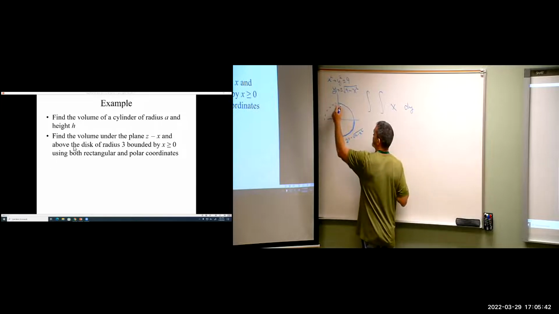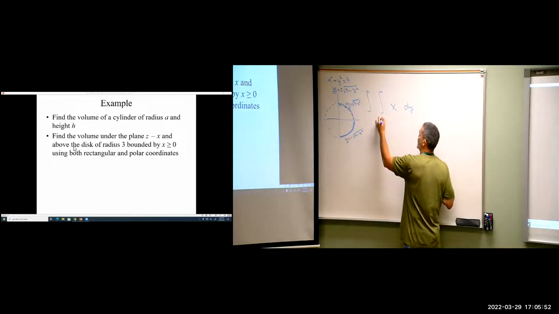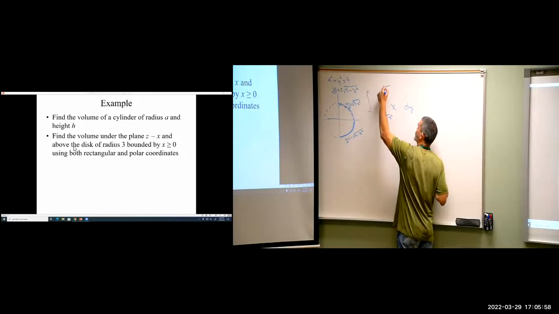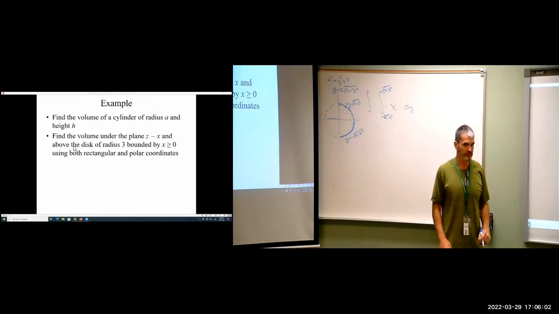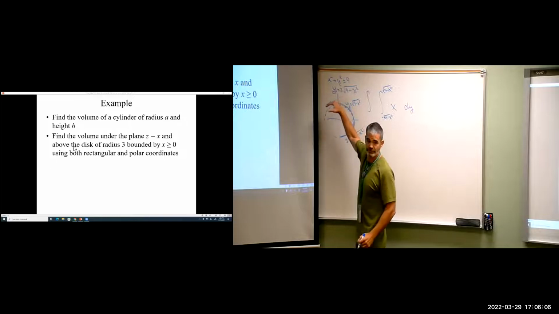This guy here is y equals the square root of 9 minus x squared. So those are our limits: negative square root of 9 minus x squared up to square root of 9 minus x squared, because we're going from this curve to this curve.